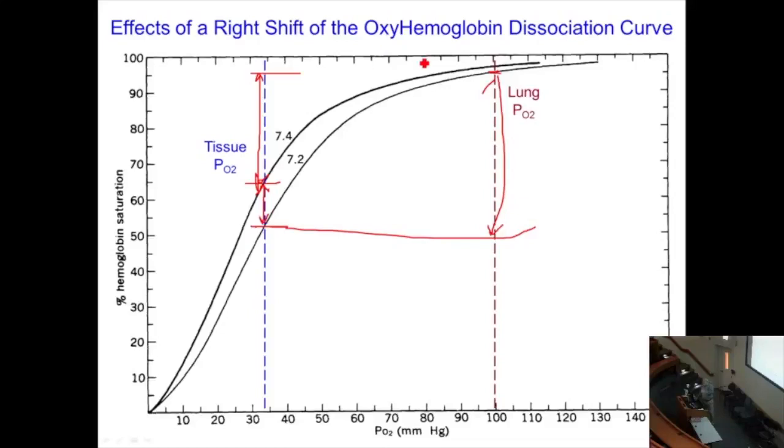But in the lungs, we shift back to the other curve because we're blowing off CO2 and increasing the pH of the blood, so we go back to our normal curve, and we take up a little bit extra oxygen there. So there are effects at both ends of the system, but the major effect is in the tissues, and the important physiological consequence of a right shift is that it facilitates oxygen unloading to the tissues.